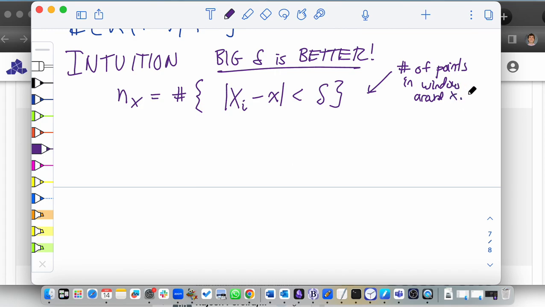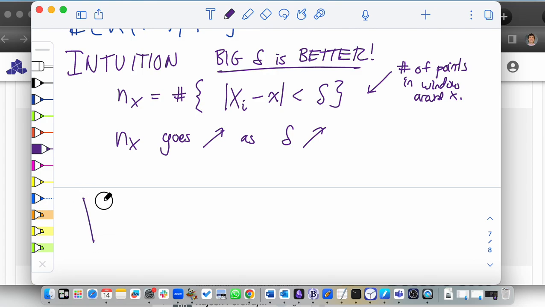And nx really is getting bigger and bigger the bigger you make delta. So nx goes up as delta goes up. As you make delta bigger and bigger, you get more and more points in every single window.